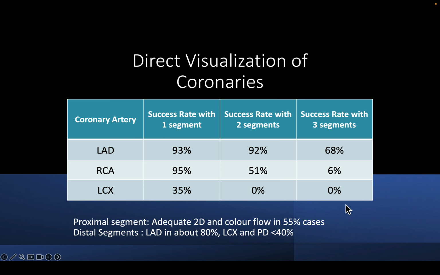If you want to see all the segments of the circumflex artery, the chances are that you are not successful in the majority of patients to see all three segments. Segments meaning proximal, mid and distal. In the LAD, you are able to successfully see all three segments in only two-thirds of patients and not beyond.